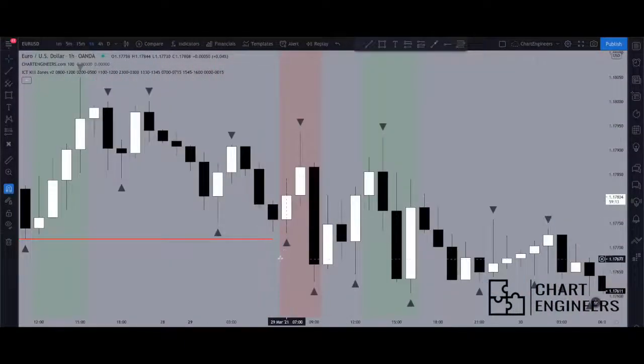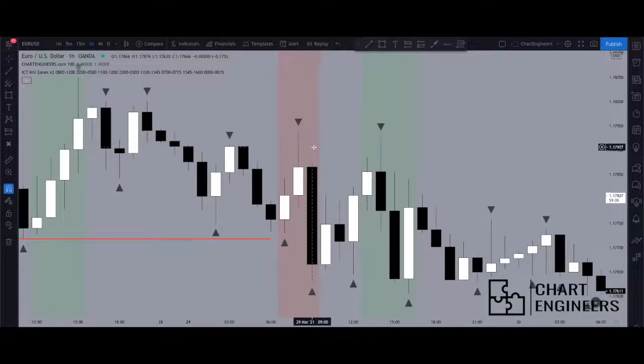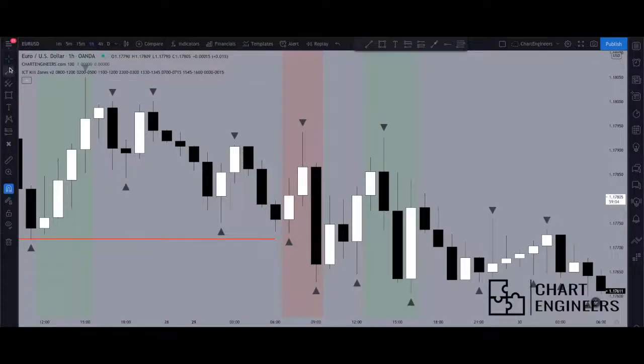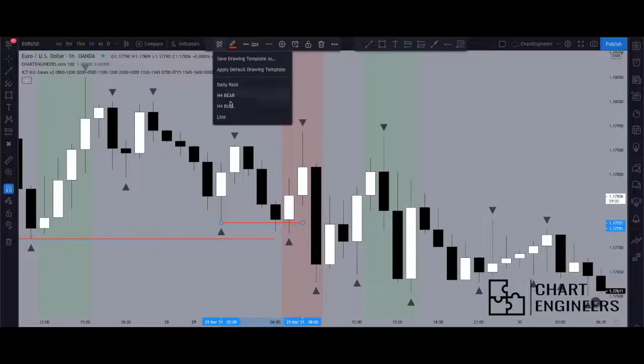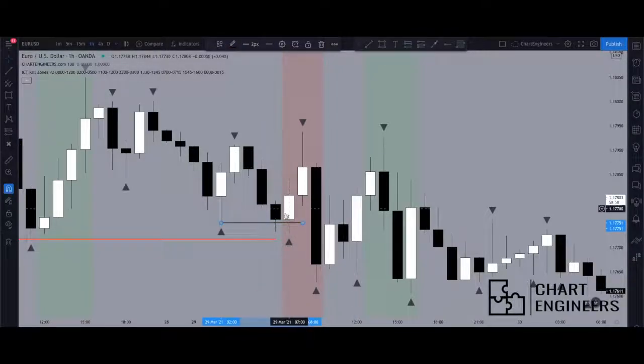We see that London Open starts here at 7 AM and closes at 10 AM. First we can see that we actually had an H1 raid over here, and then we get another one over here.